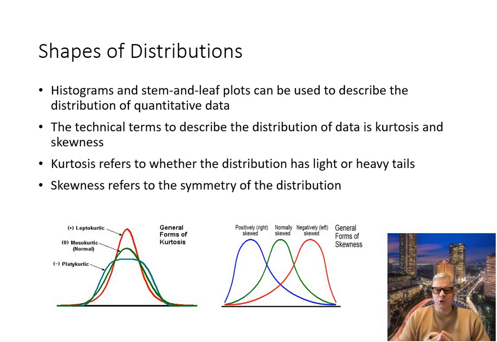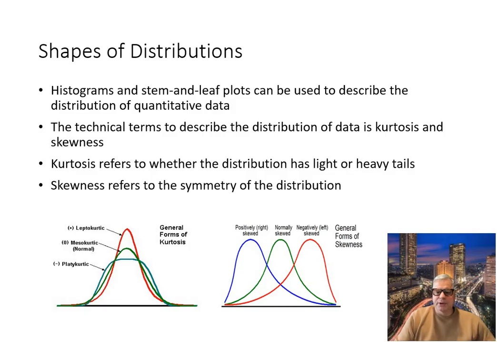But it could be very narrow in the middle, and whenever it is very narrow, we call that leptokurtic. But whenever the distribution is symmetric but very flat, we call that platykurtic. And if it looks nicely bell-shaped, then we call that mesokurtic.